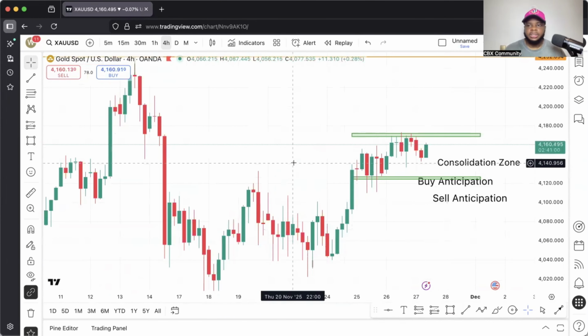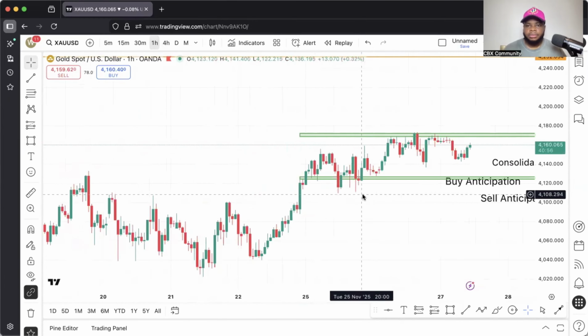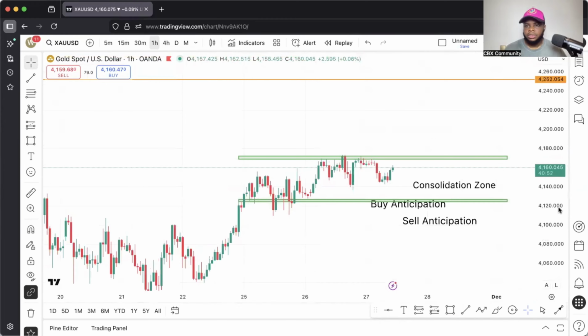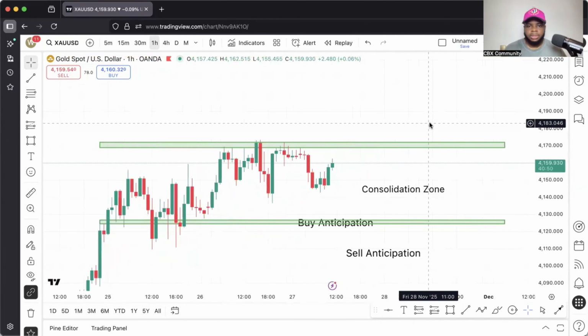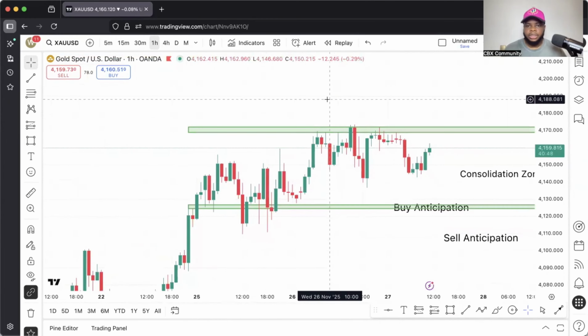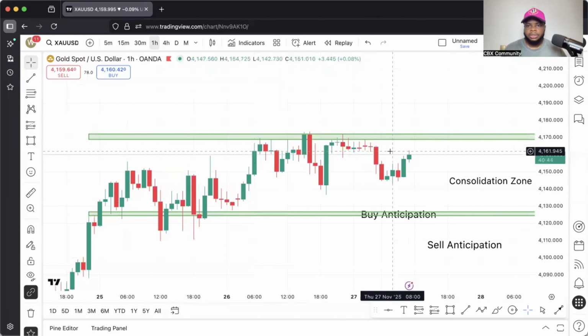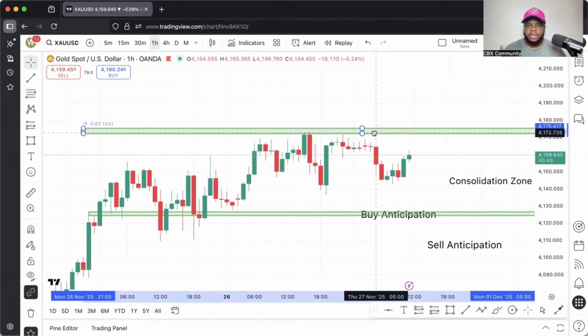So let's look at the H1. So let's zoom the chart a little bit. So let's address the resistance zone properly.